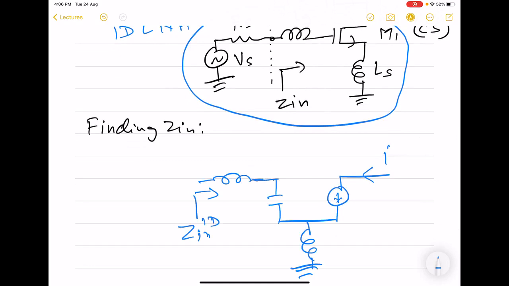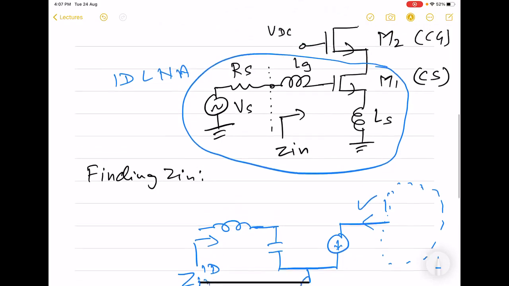And here it did not matter what was connected here; it had no impact on Z in of this inductively degenerated LNA. All that mattered was that this current is present here.